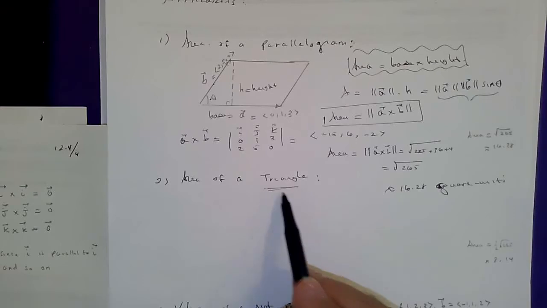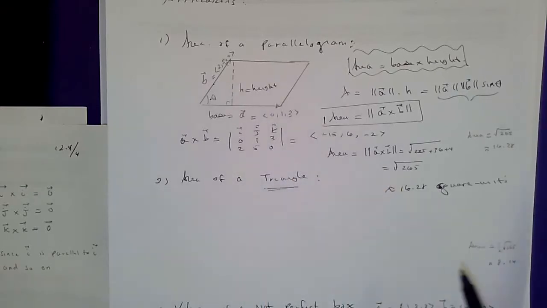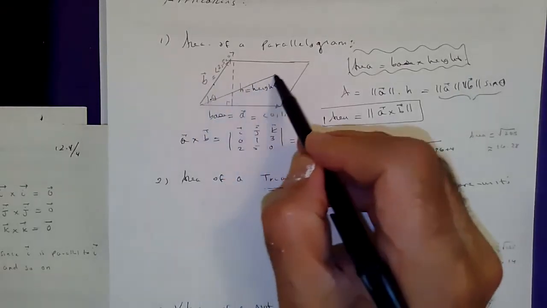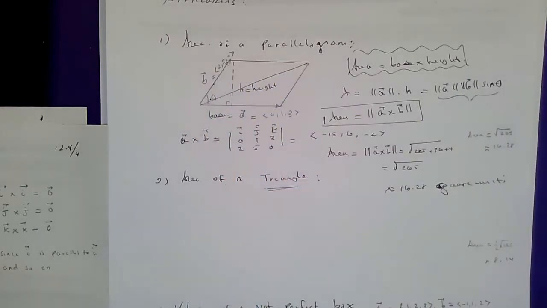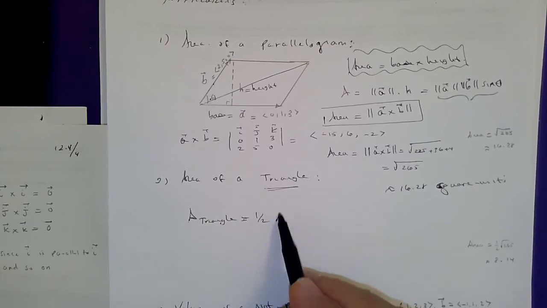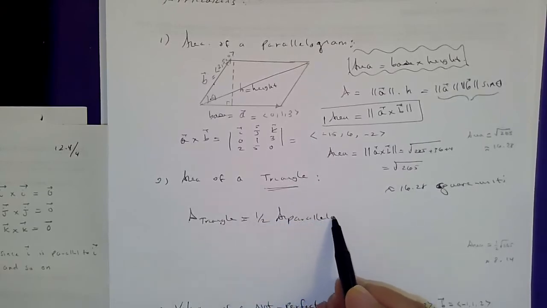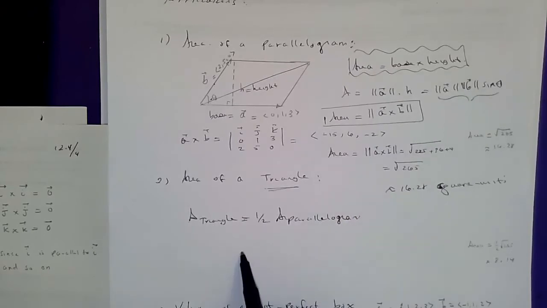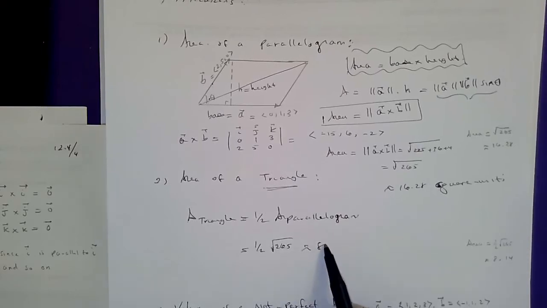How do you find the area of a triangle, knowing the area of a parallelogram? Well, a triangle is half of the parallelogram. So the area of the triangle can be obtained by dividing the area of the parallelogram by two. In this case, half of the square root of 265 gives you about 8.1 square units.